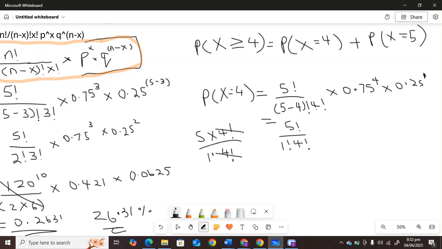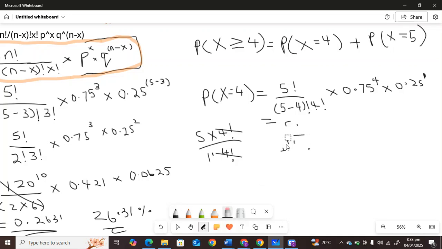Okay, this is one shortcut you can use when you're solving these factorials. Just get rid of the bigger denominator factorial. As you can see, I did 5 times, then I ended at 4 factorial, so that I get rid of this 4 factorial. So 5 divided by 1, that is just 5.